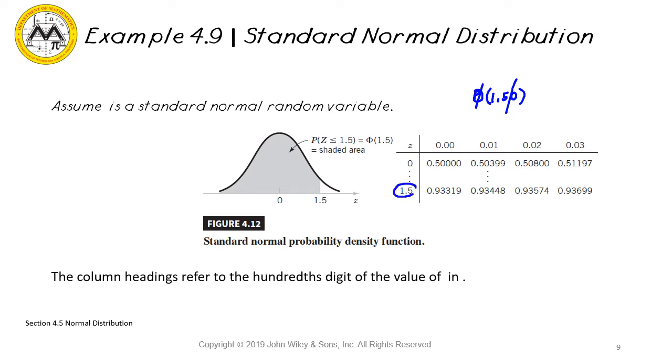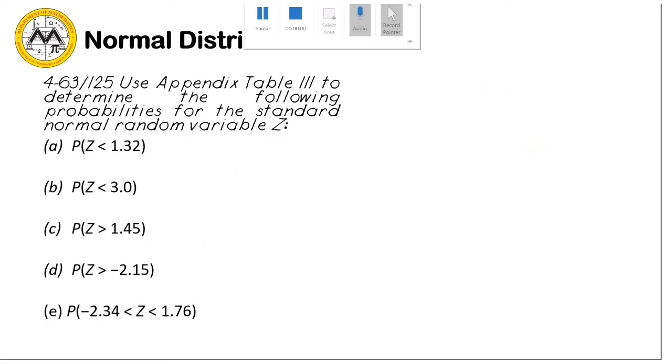At the left side, you check for 1.5, and at the top, you look for 0. So if you want 1.52, you use this one. For 1.50, the normal area to the left of 1.50 is 0.93319. At the left side, you look for 1.5, and at the top, you look for 0.00.